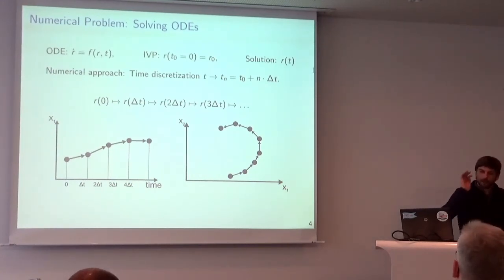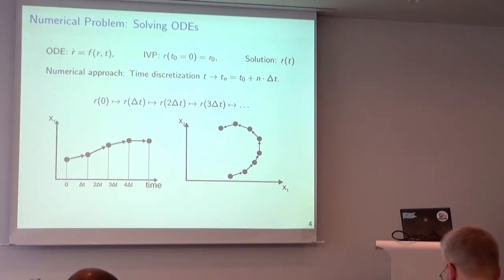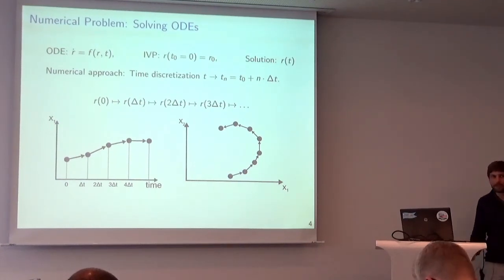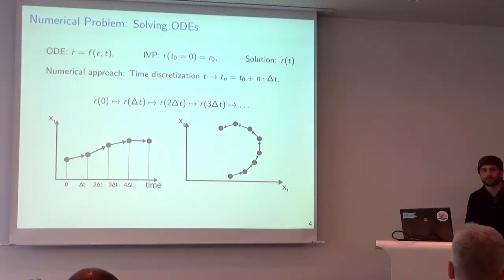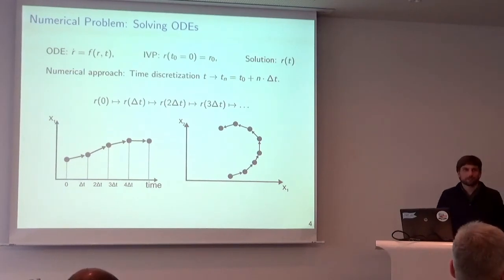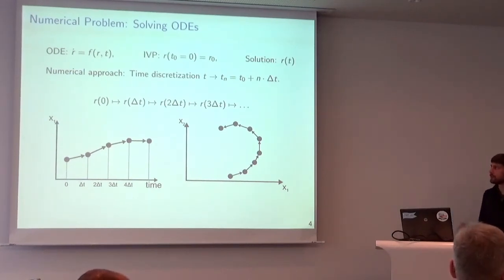Okay, so the problem is that you usually cannot write down an analytic solution of such an ODE. Sometimes you can. For example, for the pendulum, you can just write down a sine function, cosine function. Maybe you can even do it if you have friction, then it's an exponential decay in front. But if it gets even only slightly more complicated, you're completely lost analytically, so you have to do some numerics.